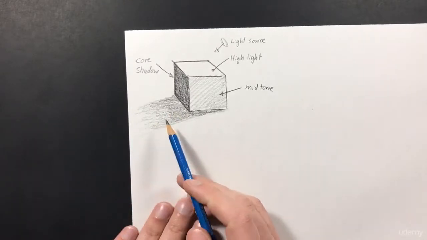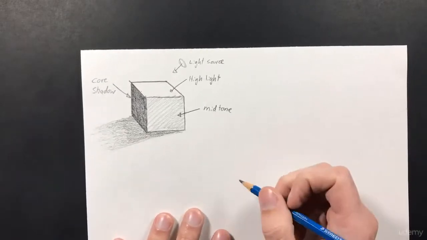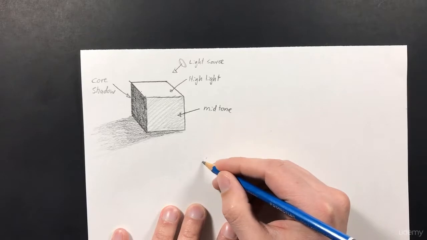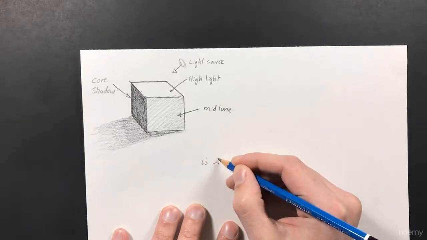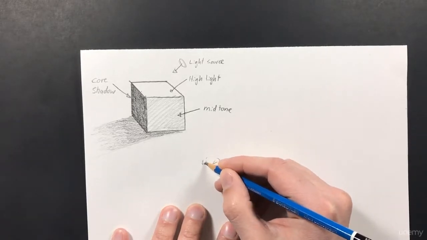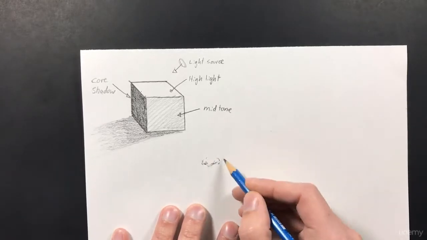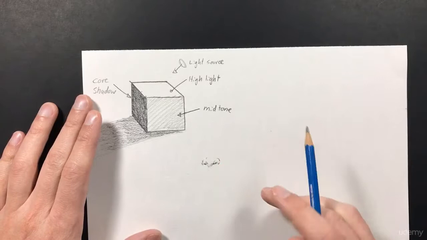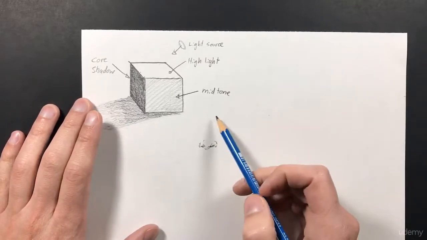Now, a really good example of a cast shadow, so you can understand this better, is let's say that we have somebody's nose here, okay? So there's somebody's nose right there. Now, whenever somebody's standing out in the sun, they usually are going to get a cast shadow being cast from their nose.